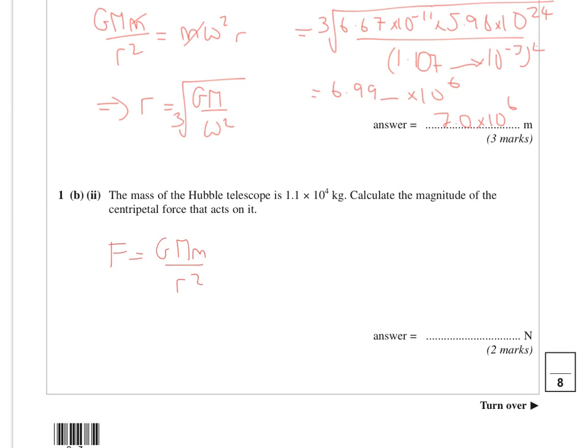Let's square it to get R squared. 6.67 times 10 to the minus 11 times 5.98 times 10 to the power 24 divided by R squared times 1.1 times 10 to the 4, which comes out at 8.967 times 10 to the 4, which is 9.0 times 10 to the 4 newtons, to two significant figures there, by putting in the values that we have for each of them. Alright.